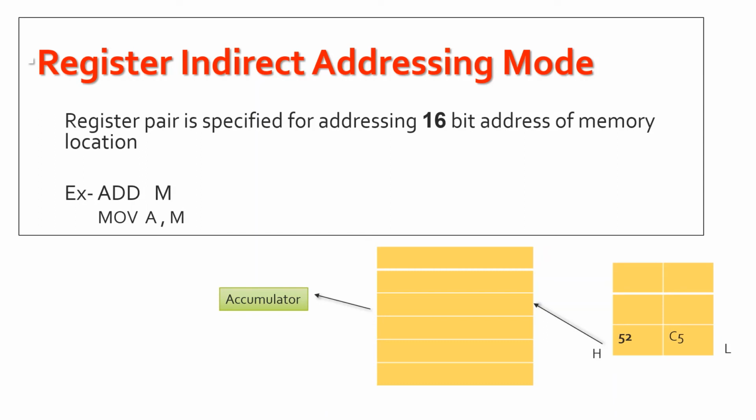Here in the figure you can see in the HL pair on the right hand side, in the H register 52 is stored, in the L register C5 is stored. So the memory location is stored in the HL pair. The contents of memory location 52C5H will be transferred to the accumulator.